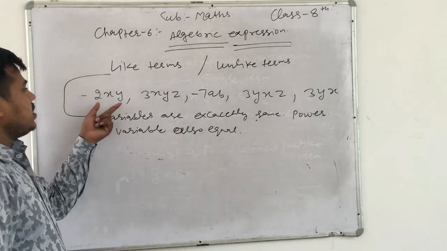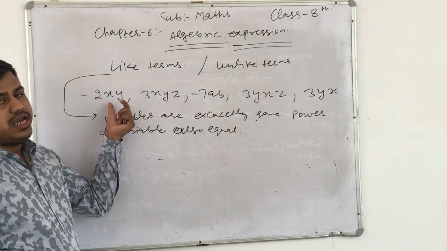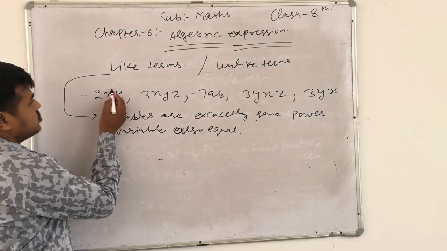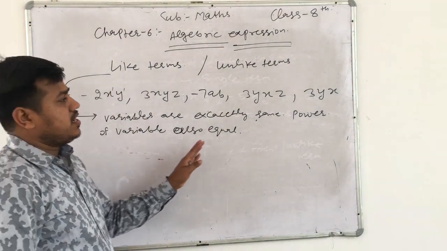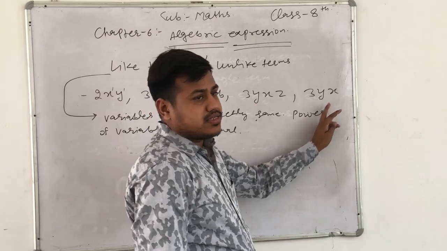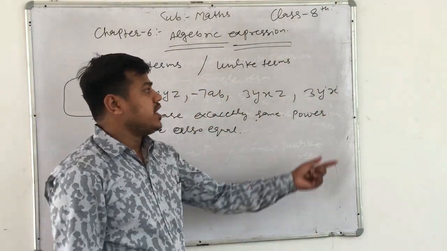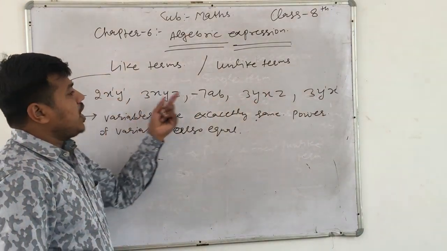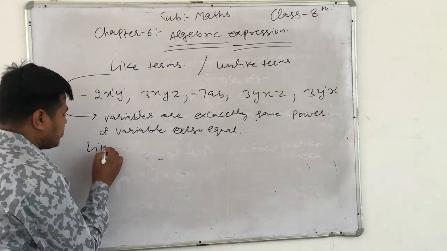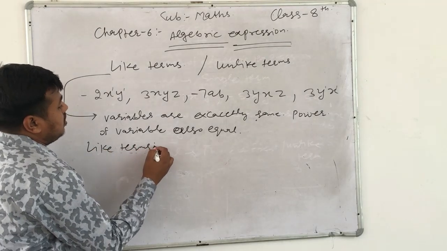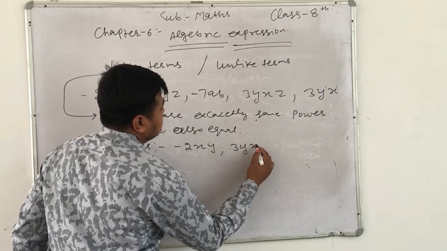Like this: in the first expression there are two variables x and y, in which the powers of x and y are 1 and 1. Here are y and x, in which the powers of y and x are also 1, 1. It means these two expressions are like terms. So the like terms are minus 2xy and 3yx.